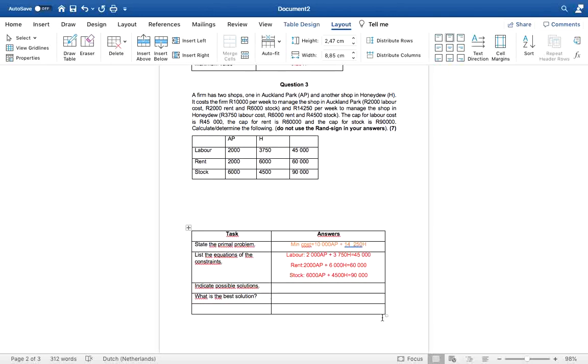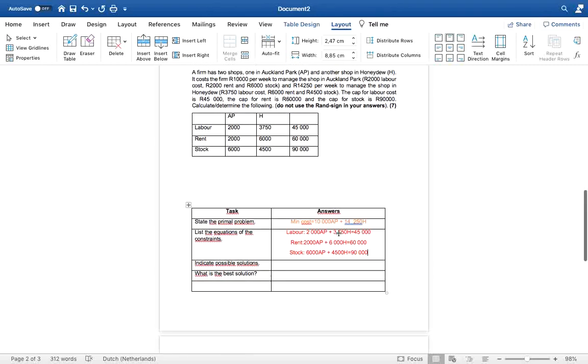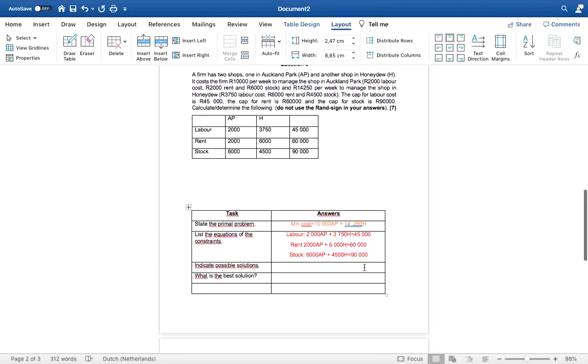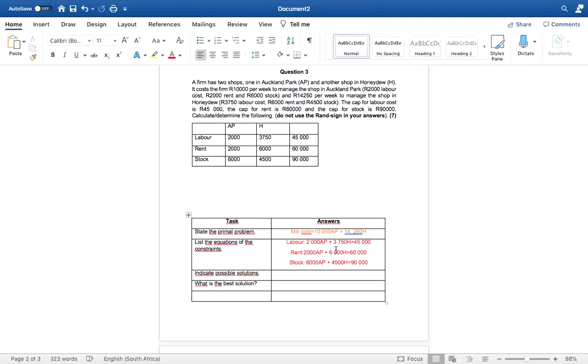Now they ask you to indicate the possible solutions. So now let's look at the next question. Indicate possible solutions. For this question, what you were supposed to do is make use of linear programming. I plotted them as follows.